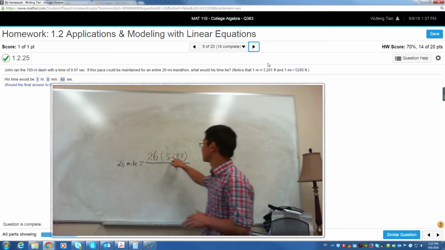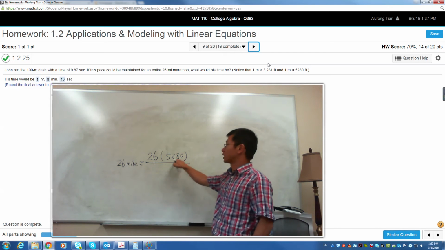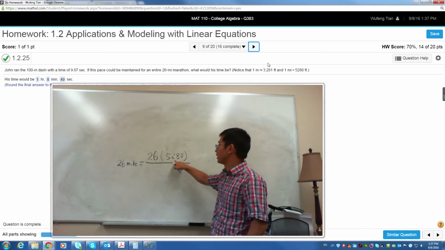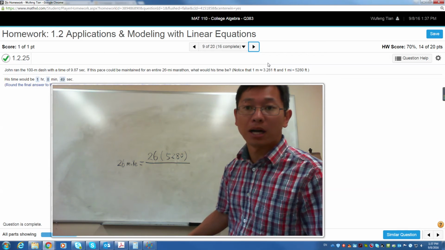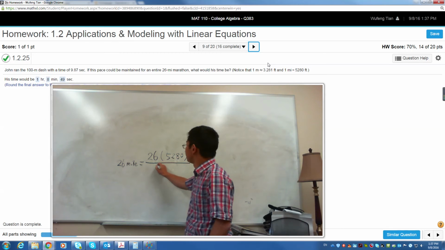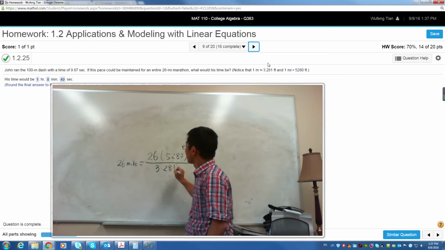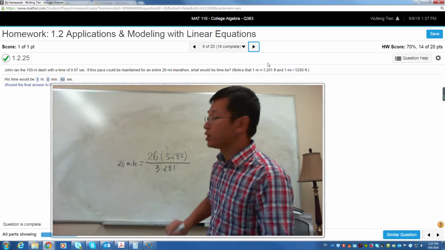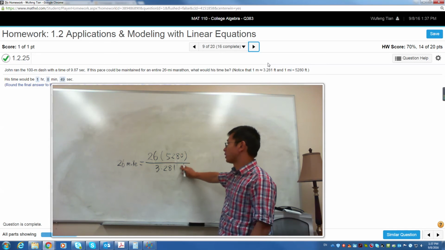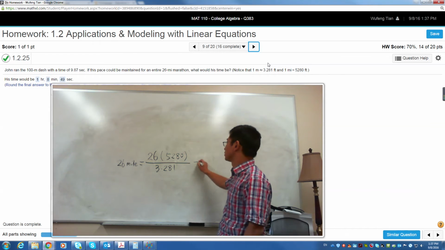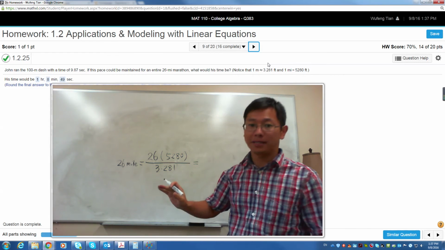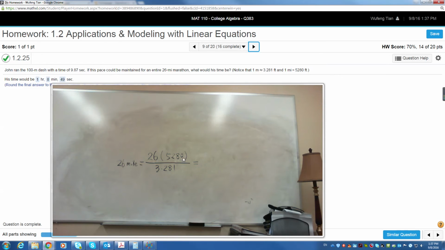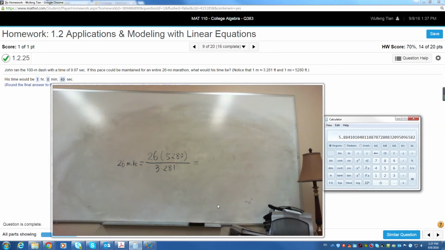We convert the miles into feet, then convert feet into meters, so divided by 3.281 feet per meter. So you can convert that back into meters, because the speed it gives us is in meters.